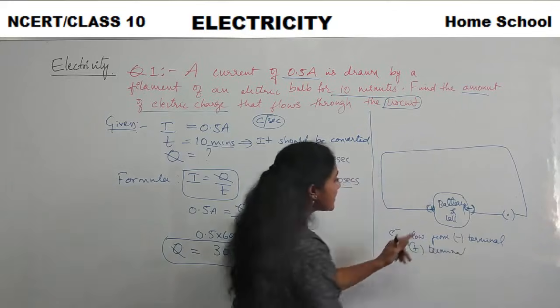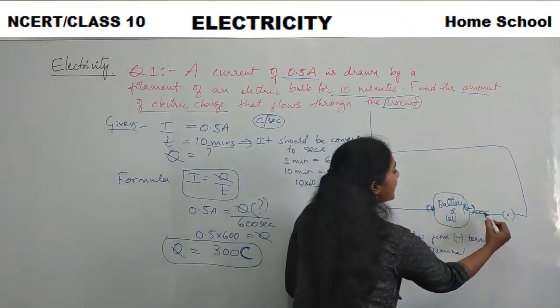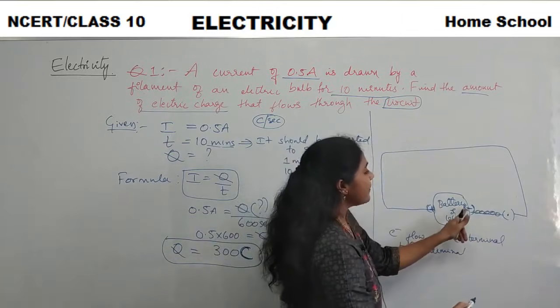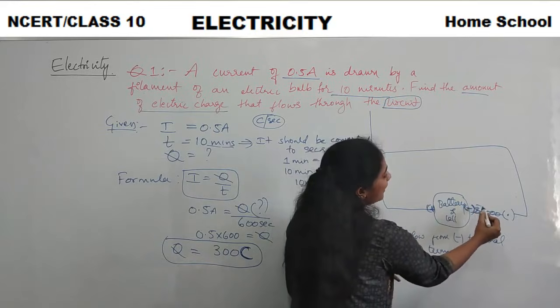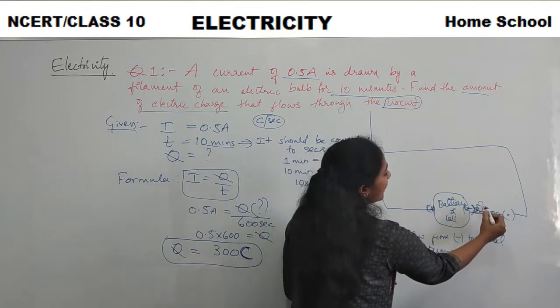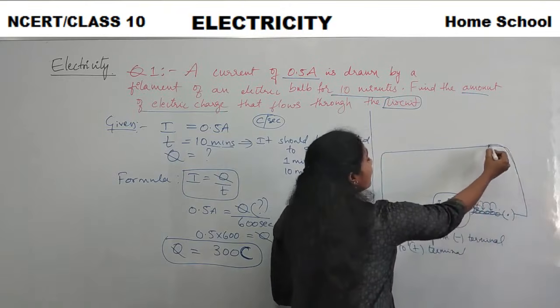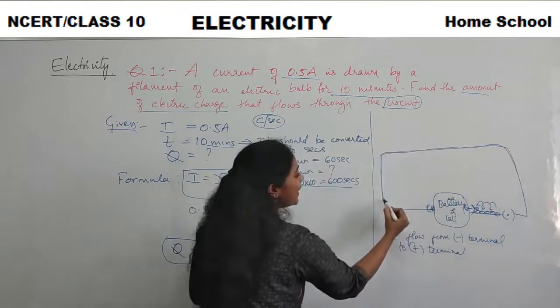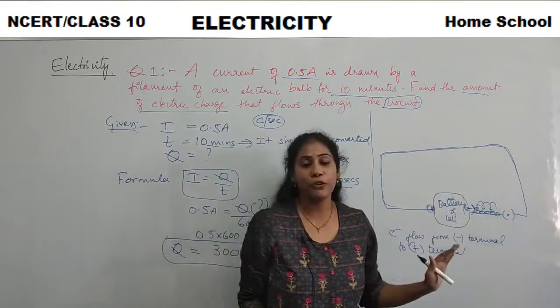So this is the source of energy, and in this wire, lots of copper atoms are there. With the help of this energy, electrons are flowing from one atom to another, one atom to another. And when this flow is seen in only one direction continuously, electric current is produced.